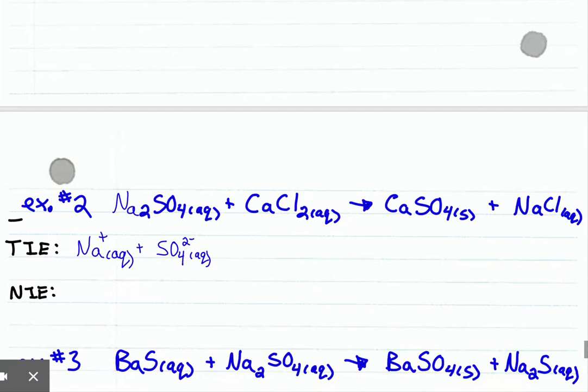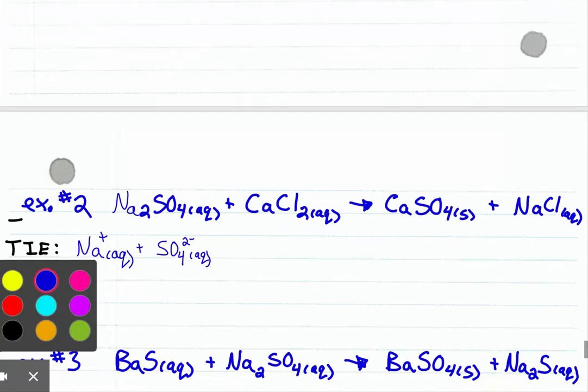Now, one thing I want to point out to you is that in this ionic equation, we have Na2SO4. Because what that's really saying is that if we were to draw the Lewis structure for this compound, it would look like this.